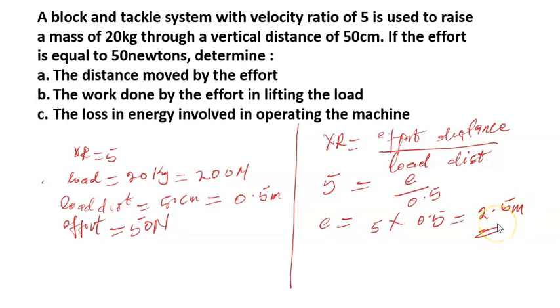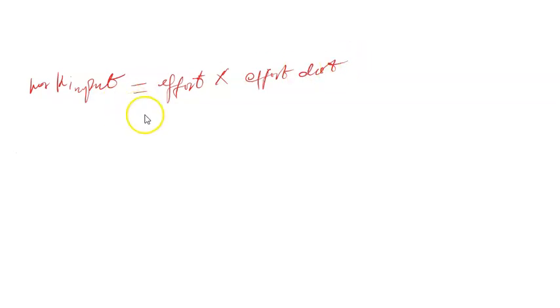Now, the next thing we have to calculate is the work done by the effort. Work done by the effort will be the work input to the system. That's work input into the system, which is the same thing as effort times effort distance.